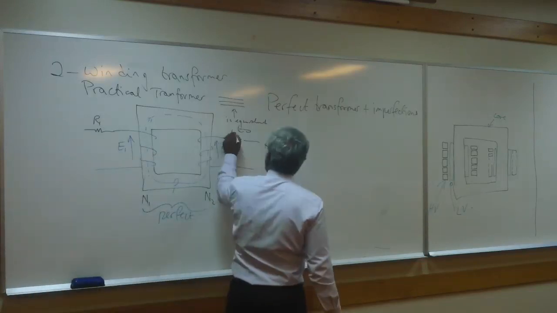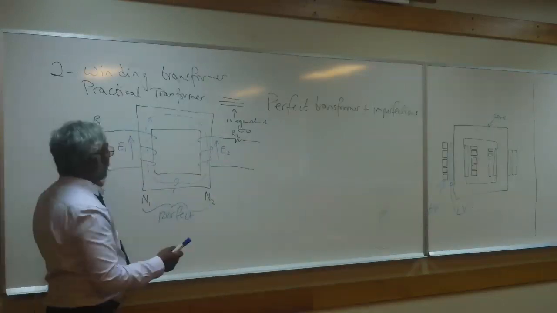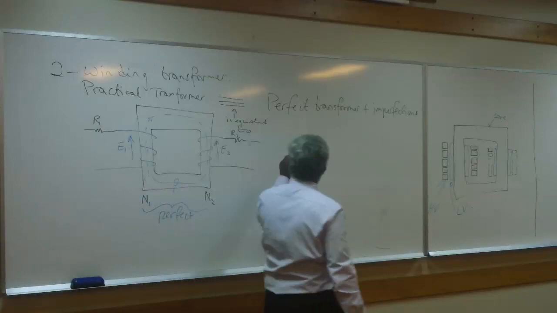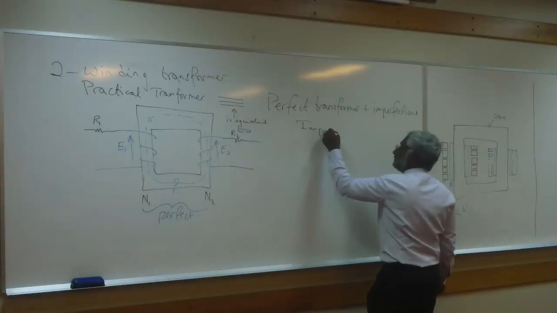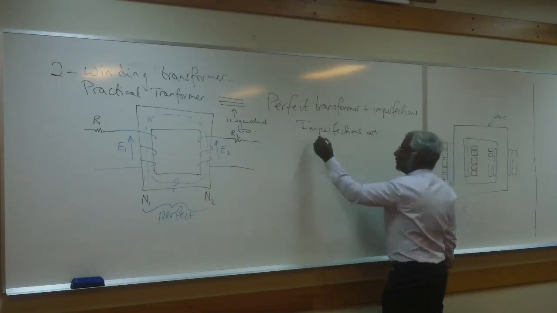So this is R1 and R2. So these are your first imperfection. So that's the first imperfection, what we call copper loss.